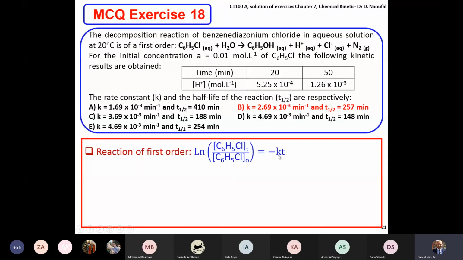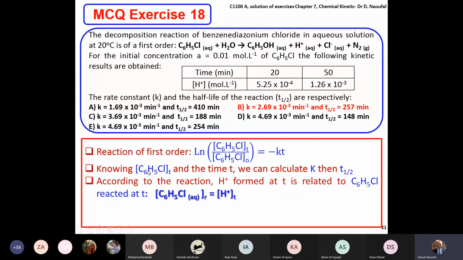To calculate K, we have to calculate the concentration of C6H5Cl at a certain time t. Since C6H5Cl_0 is given, we can calculate K, and then we can deduce T half, since for order 1, T half is equal to ln 2 over K.